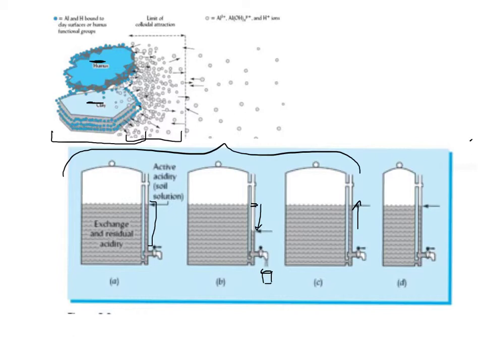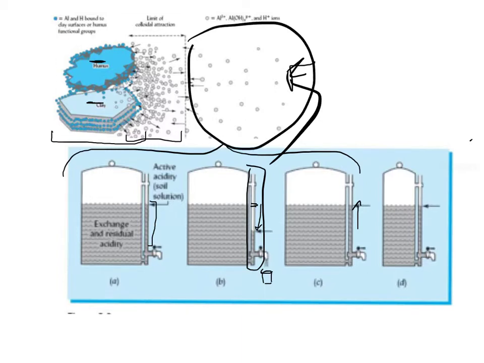This portion that's in this tube here, we can think of as the active acidity. Okay, so that corresponds to this kind of acidity here. And when we take hydrogens away, so let's say we consumed these somehow through one of those processes, you would find that the exchangeable acidity here actually will replace those acidic cations.